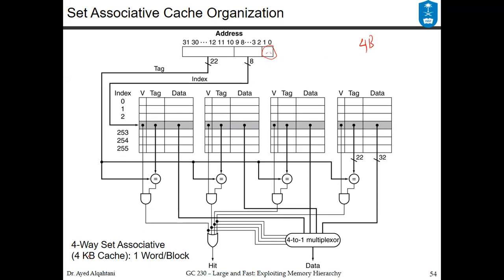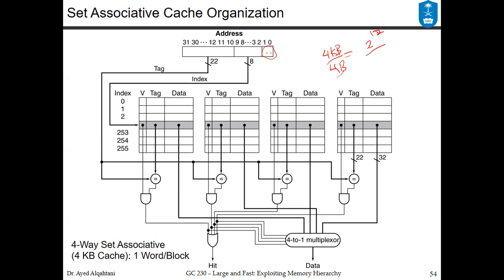Now, since you know the cache size and the block size, you can get the index bits, which is 4 KB divided by the block size, which is 4 bytes or 1 word. And if you make this division, you will notice that 4K is 2 to the power of 12.